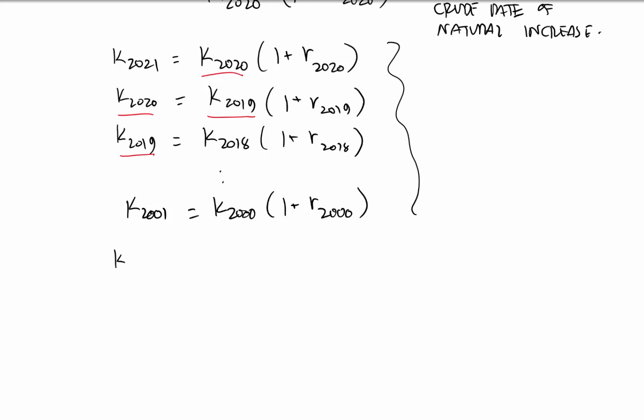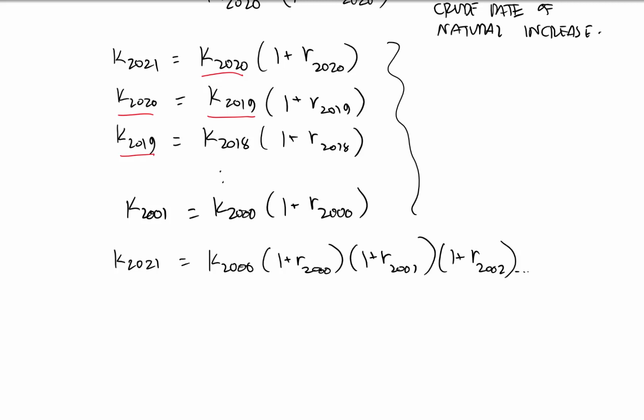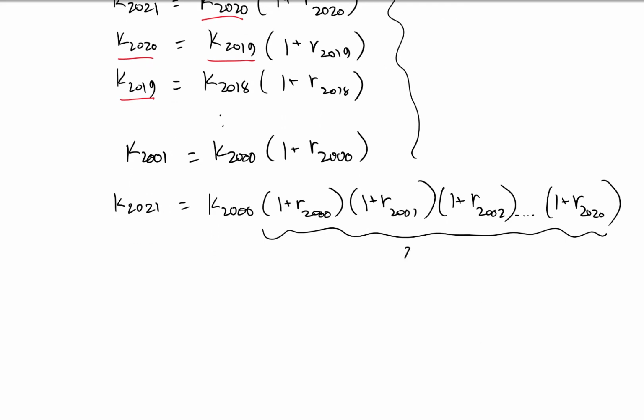We just get a recursion, and we can describe the population in the year 2021 as, we're going to start with the population in the year 2000 times 1 plus R 2000 times 1 plus R 2001 times 1 plus R 2002 all the way up to 1 plus R 2020. How many of these terms are there? There are 21 of these terms.